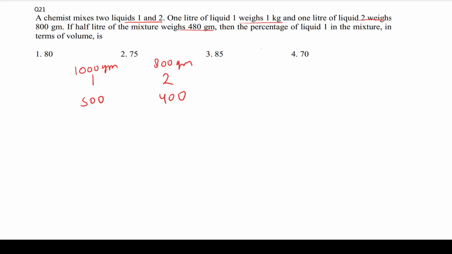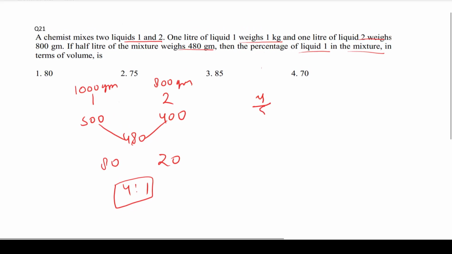Then the percentage of liquid 1 in the mixture, and the mixture weighs 480. So we can find this ratio 20 to 80, that is 1 to 4. Percentage of liquid 1 will be 4 by 5, that is 80%.